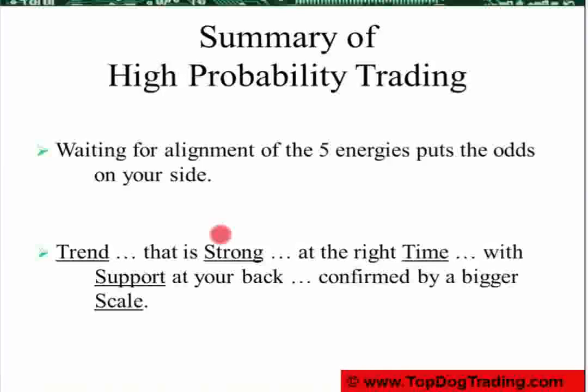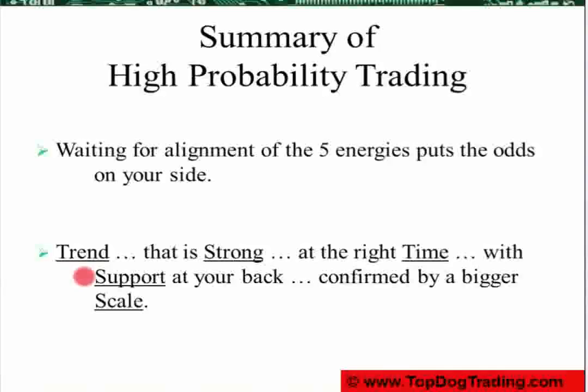If it's a weak trend, I'll either not trade it or look to fade the trade, meaning I'll trade against the trend. If it's strong, then I'm looking to trade with the trend, and I move on to energy number 3. When do I want to get into that trend? I use my second chance patterns on my cycle indicator to determine when to find the final low or the final high, so I get in and don't get stopped out right away.